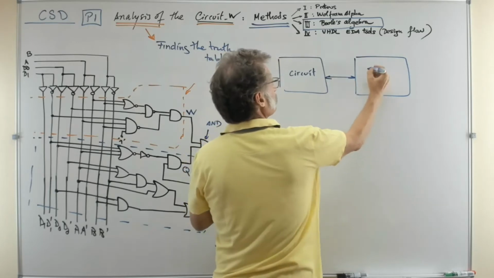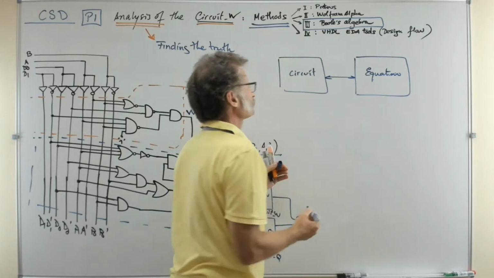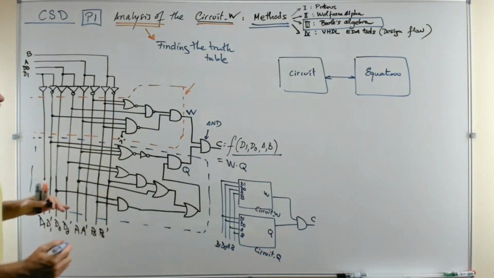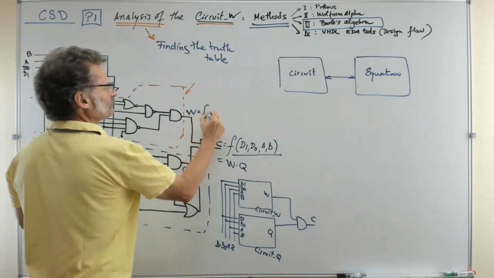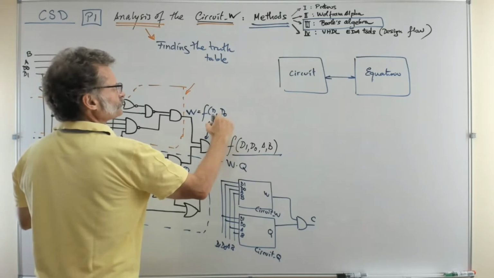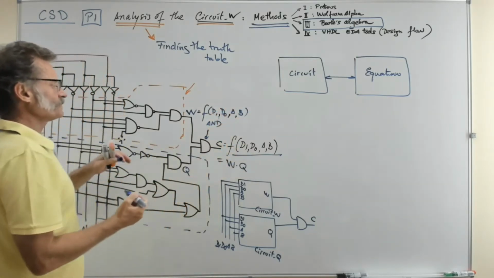This is the same thing, okay? All right, this is the same thing. So we have the drawing of the circuit, but we also have the W as a function of D1, D0, A and B, which is what?